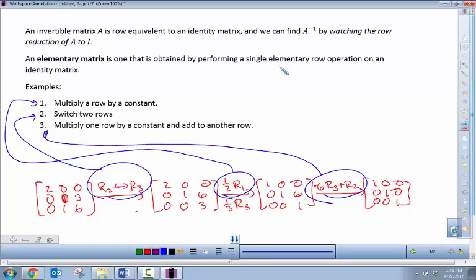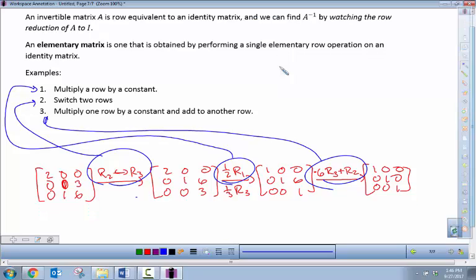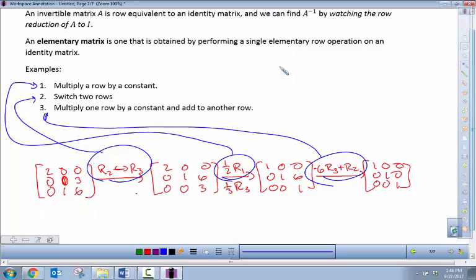And the matrix that we would represent it by would be what would happen if we do that row operation to the identity matrix. So let's take the identity matrix. Let's do this multiply by a constant business. Let's take the identity matrix and let's multiply the first row by 1/2.